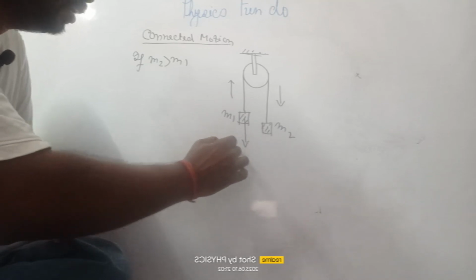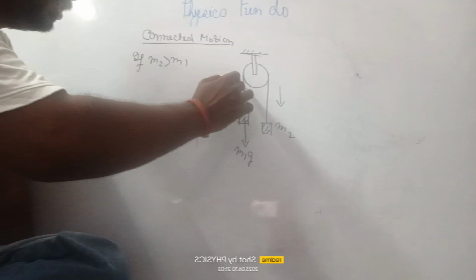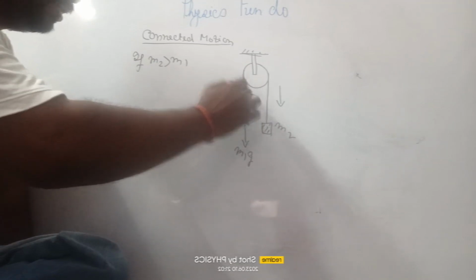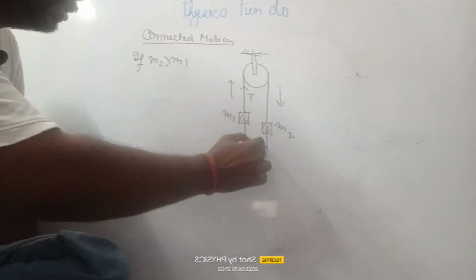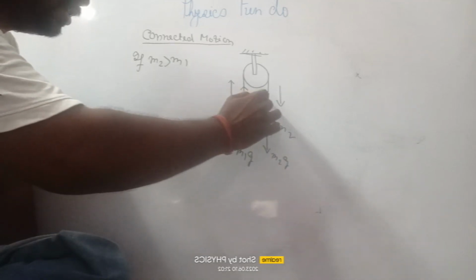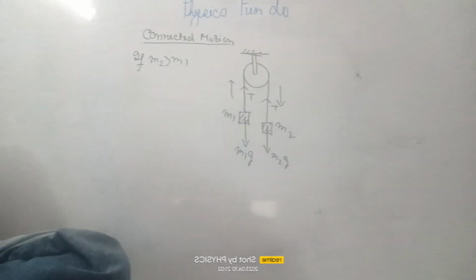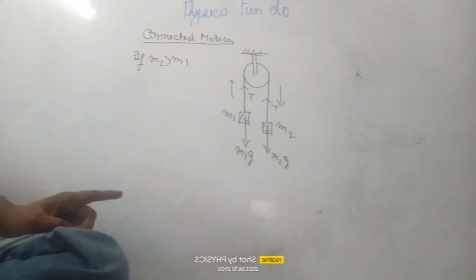This is the weight of the first object and the tension certainly acting in the upward direction. And for this, it is m2g and it is also the tension T, as the string used in that case is the same and inextensible.